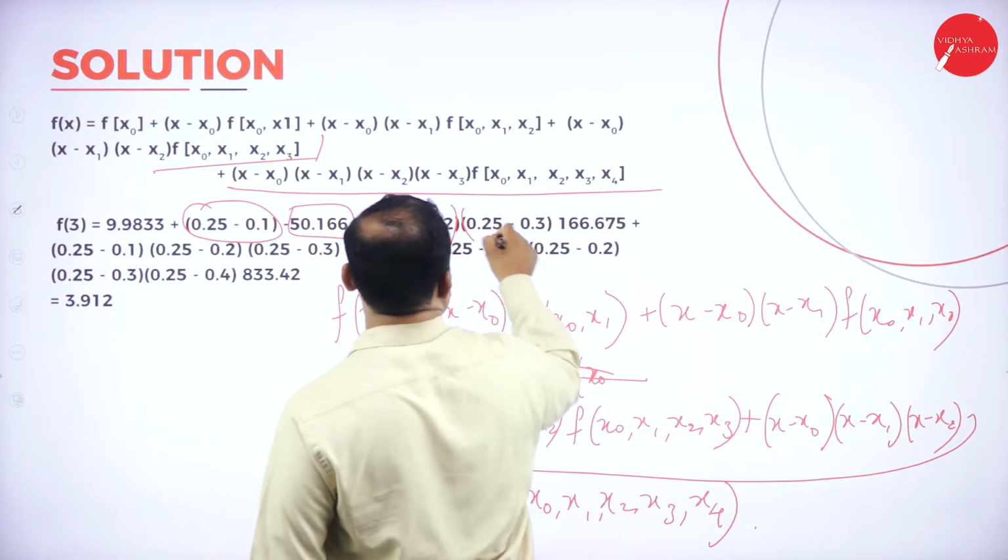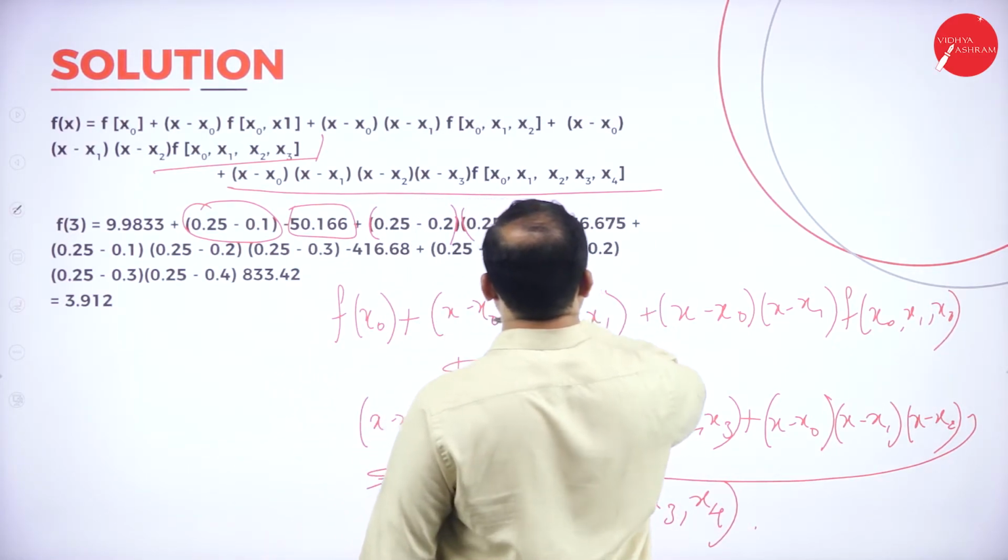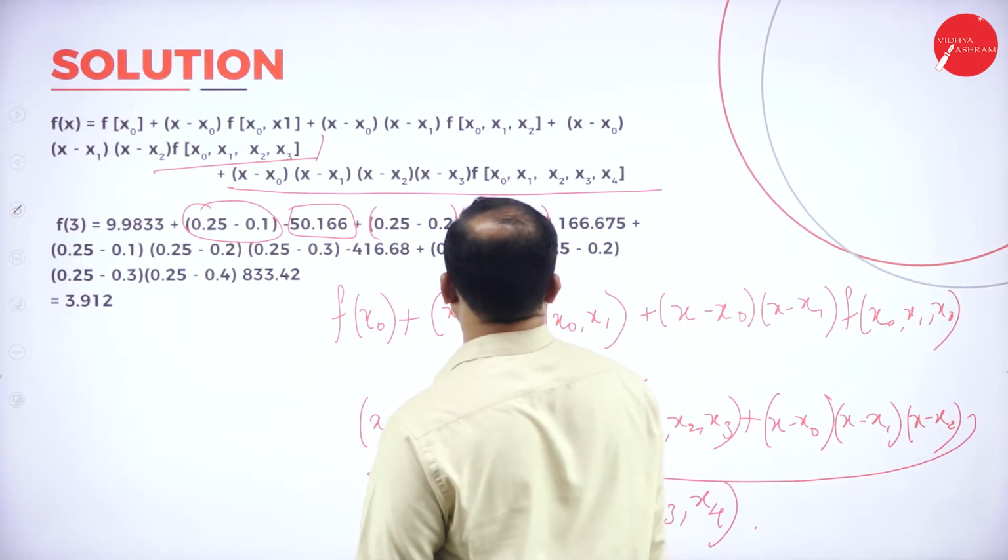So if I write down this further, what happens? 0.25 into 0.2, 0.25 into 0.3, then it is multiplied by 166.675.